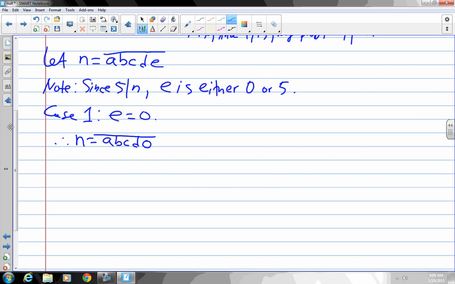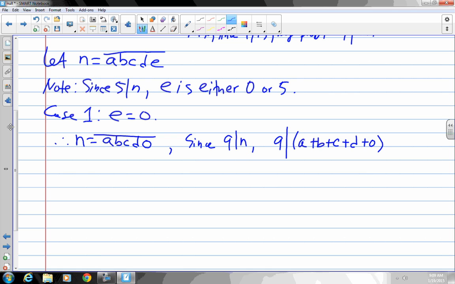But also n is divisible by 9, so since 9 divides n, we know that 9 divides the sum A plus B plus C plus D plus 0. So the sum of these digits has to be divisible by 9. That's the test for divisibility by 9, as we proved on Wednesday, right?